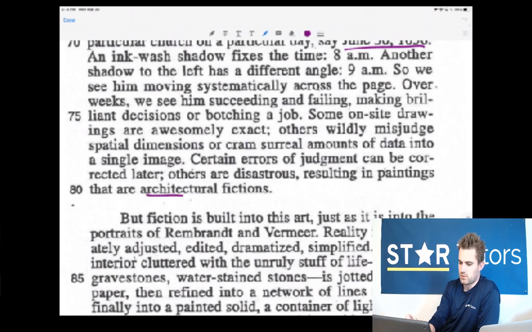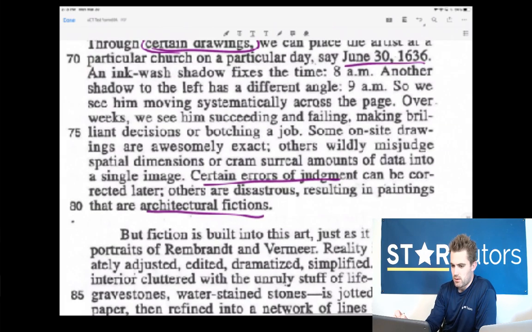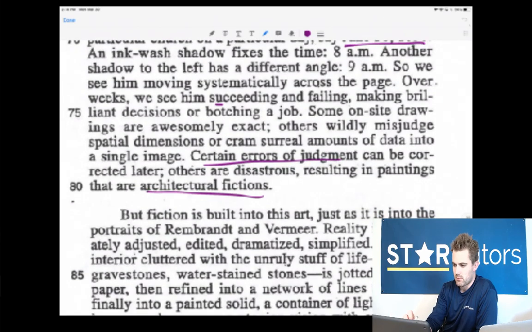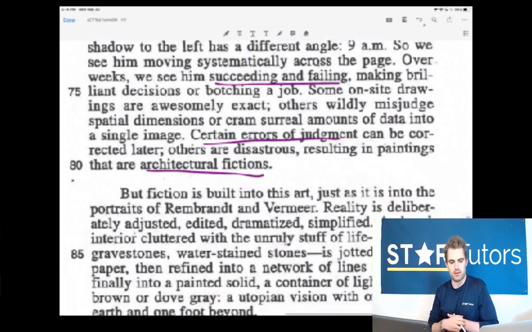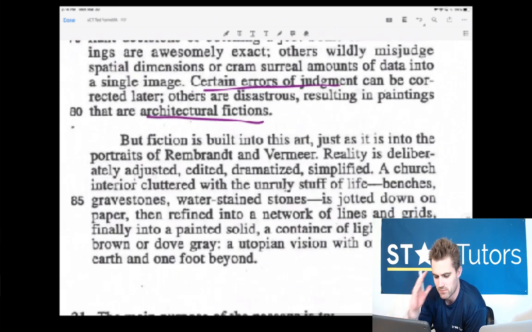Architectural fictions, so certain errors of judgment can be corrected. So he wasn't. So succeeding and failing, right? Those are all important. I didn't have a full understanding of what that paragraph was talking about, so I just started rereading some things to make myself lock in again.